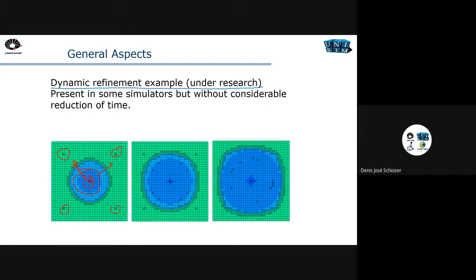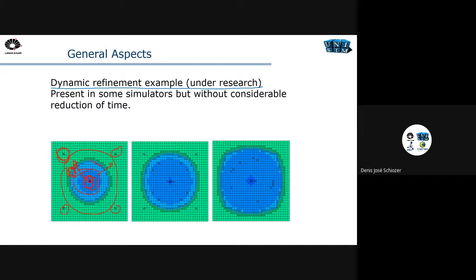So the refinement would change, for example, in this part here, it's more important to have a refinement because the water is displacing oil. In this part here, I have only oil, and here I have just water moving, so I can have a coarser grid. In this part here, where I'm trying to capture the displacement of oil, it's a different aspect.